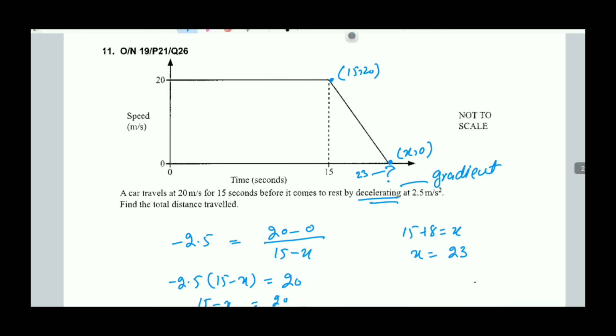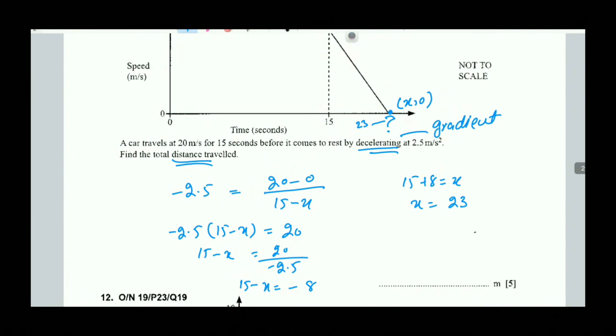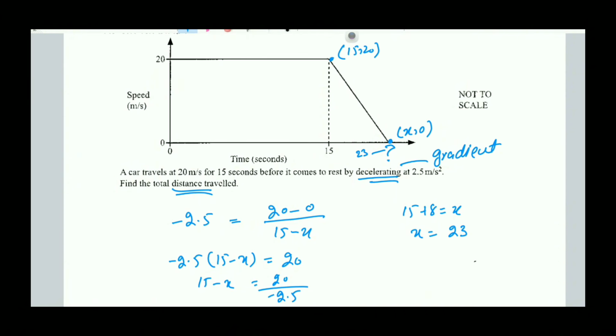Now we can easily find total distance traveled. So how we will find the distance now? The area of this trapezium is 1 over 2, height is 20. Okay, this is 20, this is height, this is opposite of that slope line, and this side is 23, this side is 15. 15 plus 23, that is 380.